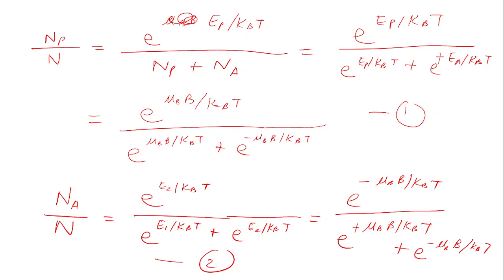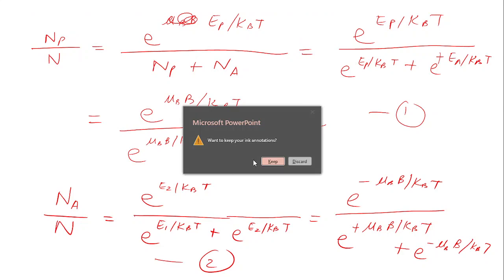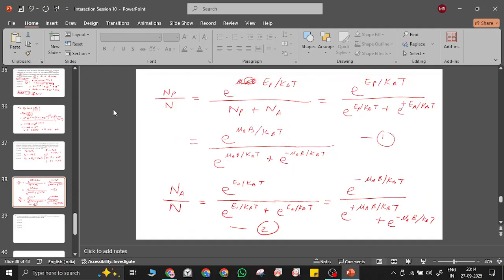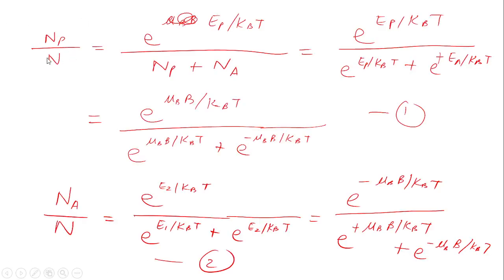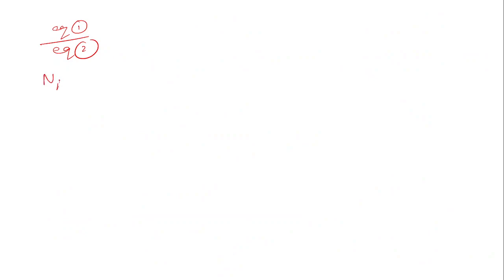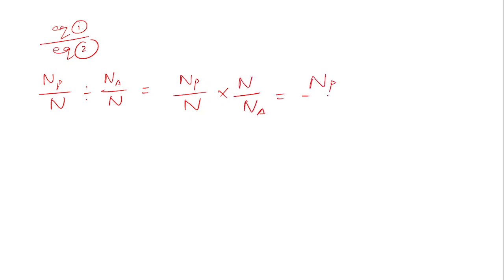When we divide equation 1 by equation 2, I'll get Np by N divided by Na by N, basically Np by Na.